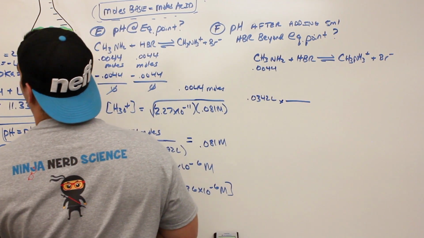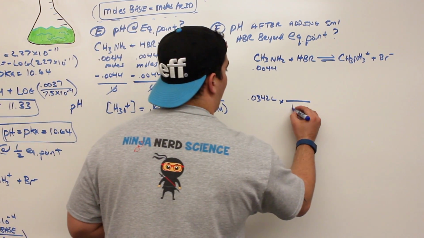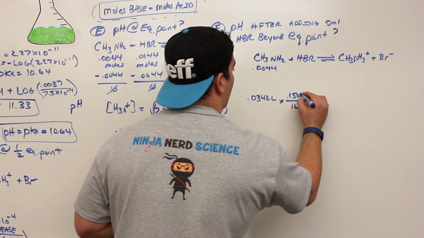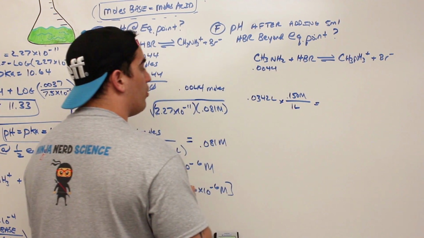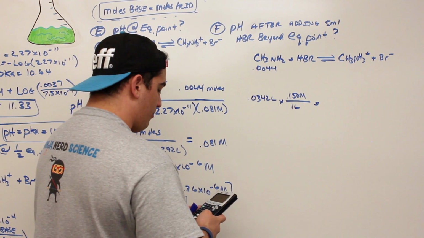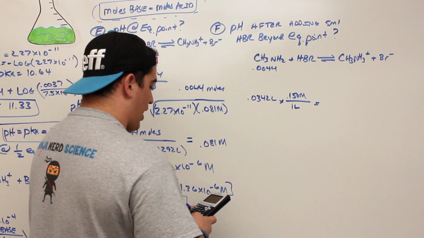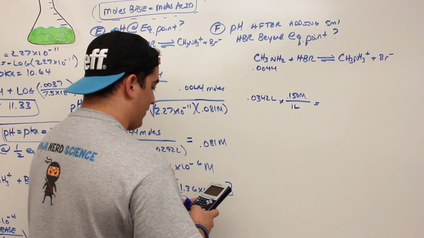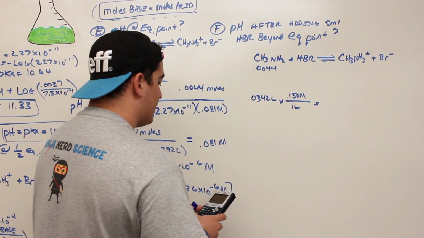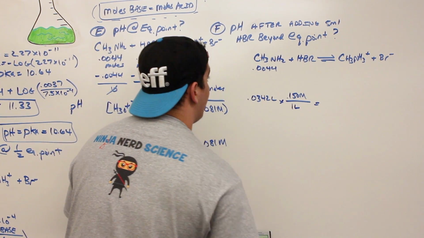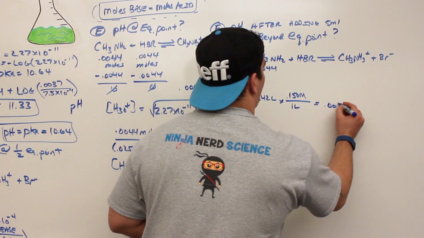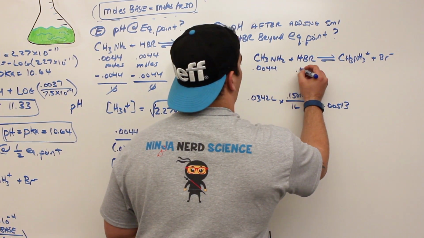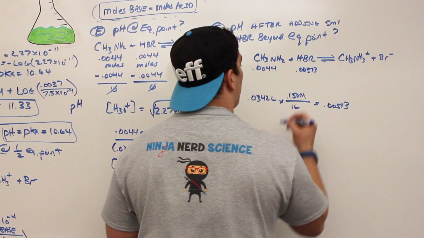Well, HBr molarity is 0.150 molarity. This is going to give me the moles. So if I multiply this by 0.150, what do I get? I get 0.00513. Let's write that in there. So I get 0.00513 moles.